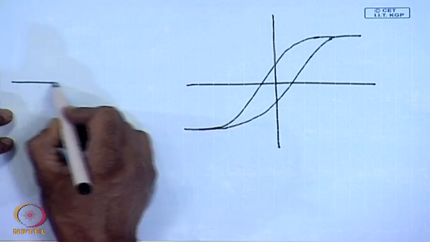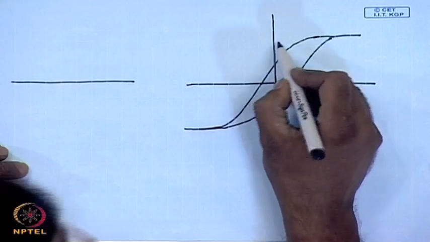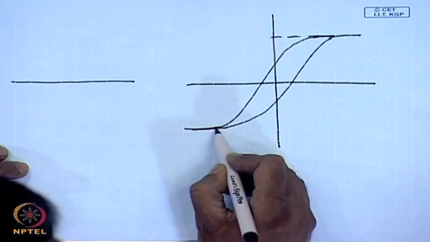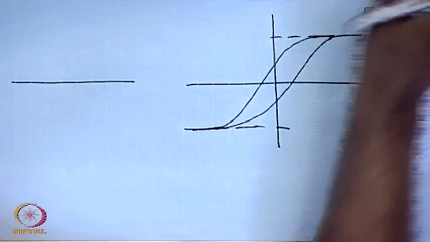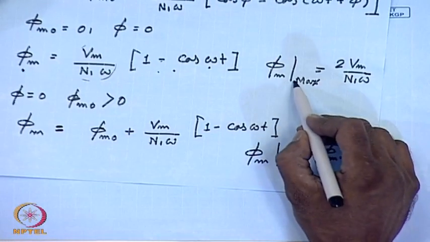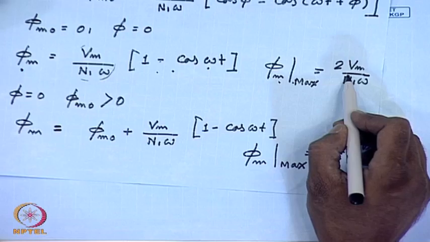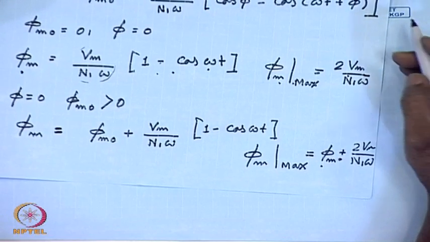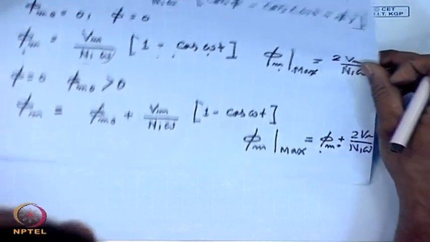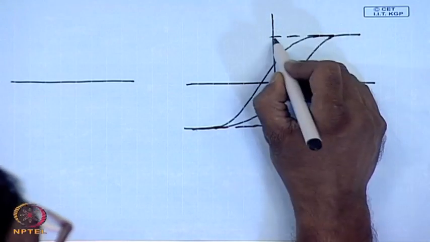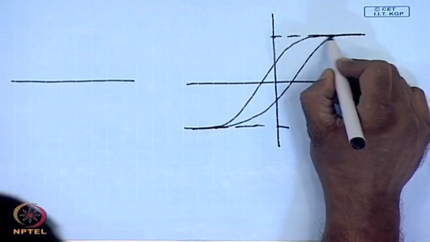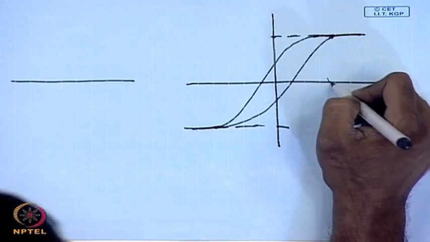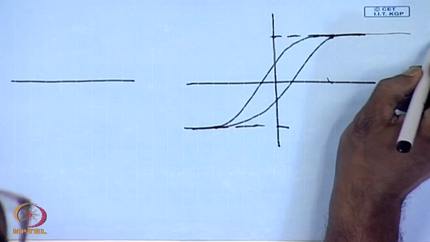Please note that since this is phi m, in the case where phi m 0 is equal to 0 and phi is also 0, we see that the peak value of the flux, at least in the first cycle, can become almost twice the steady state peak value of the flux, but due to saturation the current drawn will not be double, it will be very large.